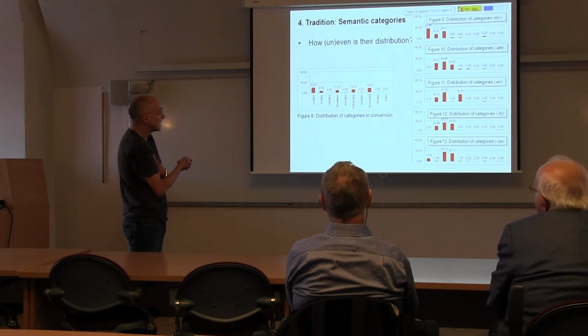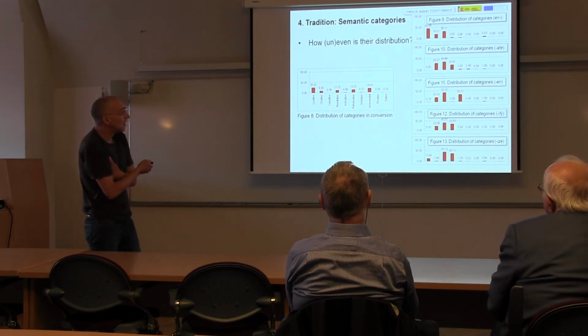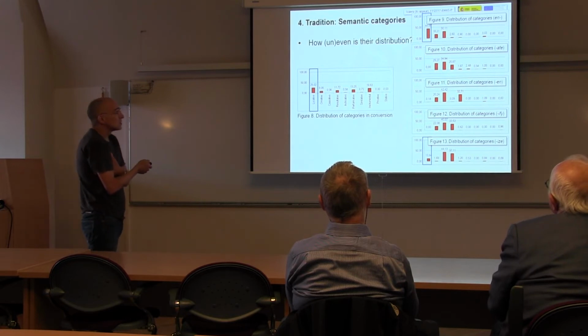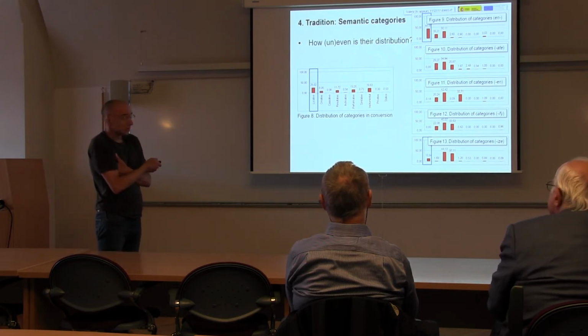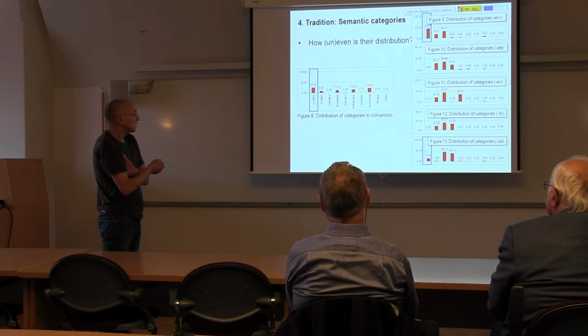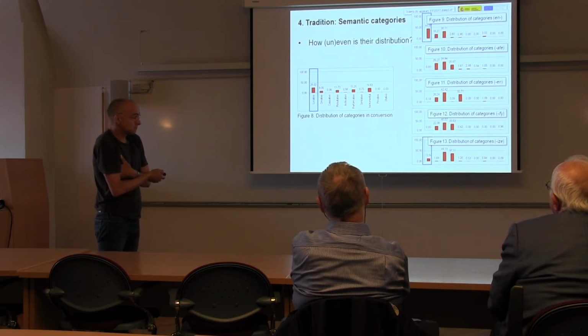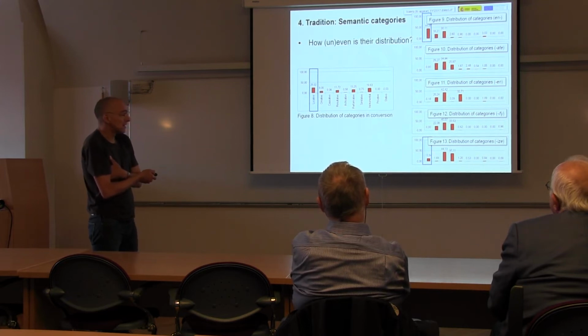And the differences I found are that there is a similarity as regards the semantic category locative. So conversion represents locative patterns, same as en prefixation, and to a lesser degree also as eyes.